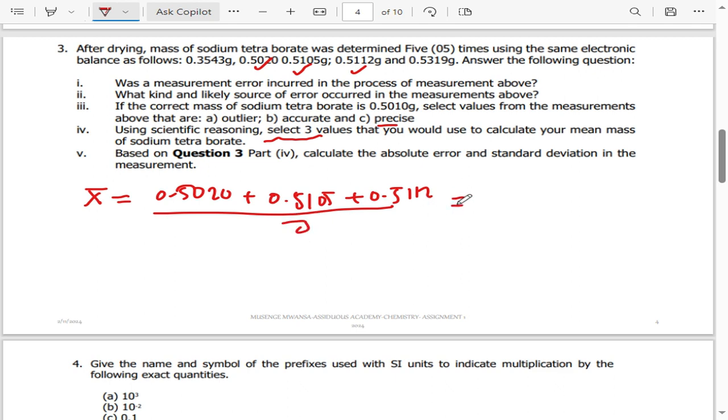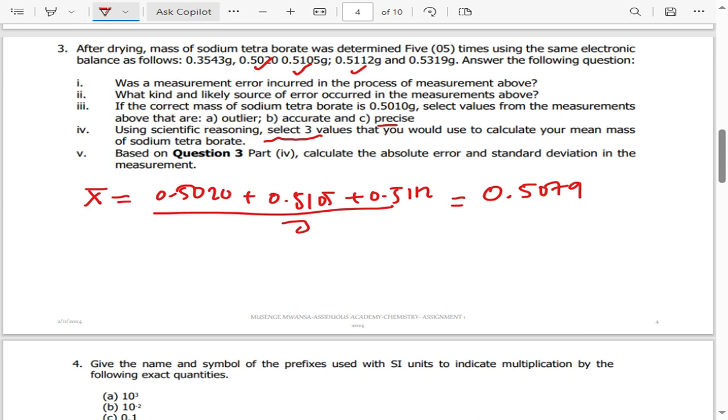Let's see what we get here: 0.502 plus 0.5105 plus 0.5112, and we divide the answer by 3. So the mean is going to be 0.5079. And then the second part says calculate the absolute error and standard deviation in the measurements.